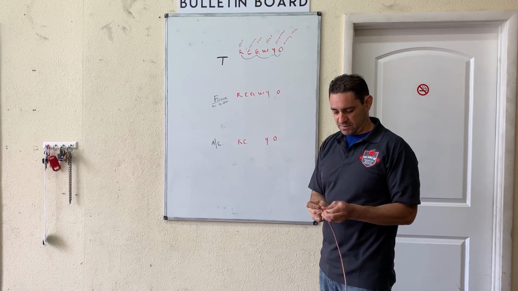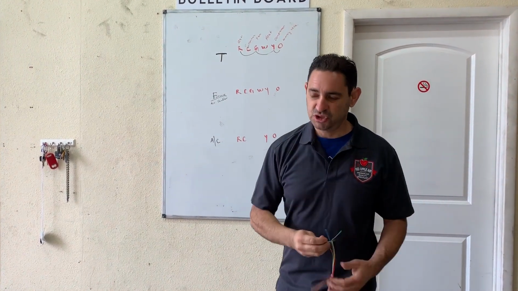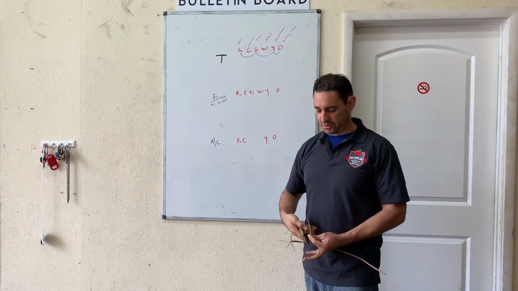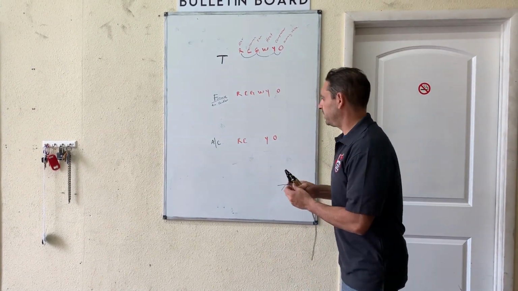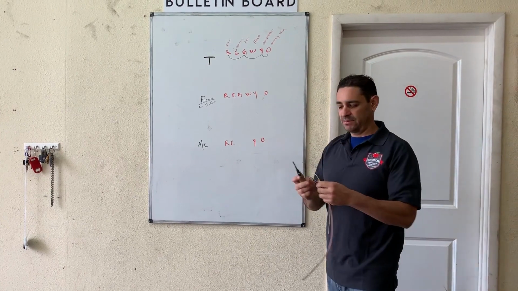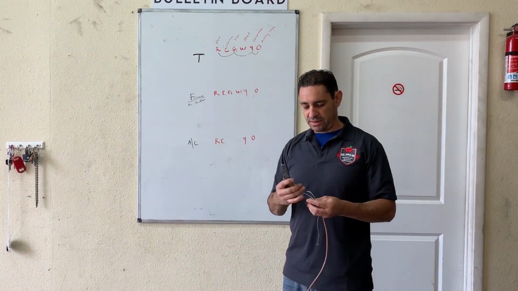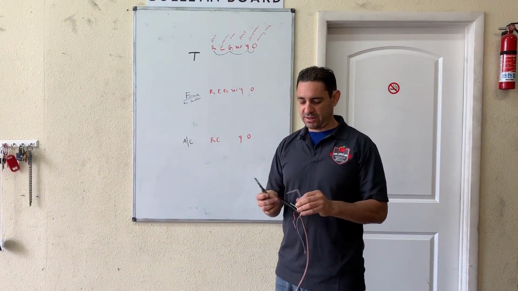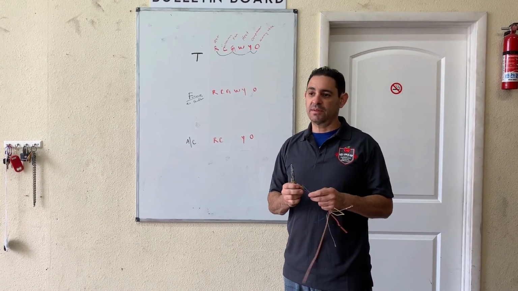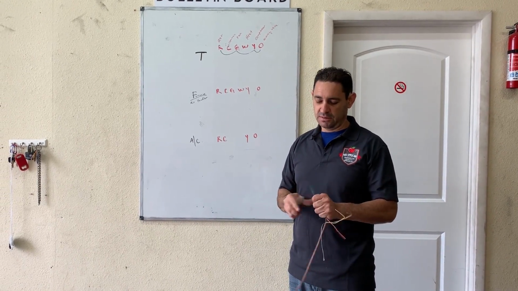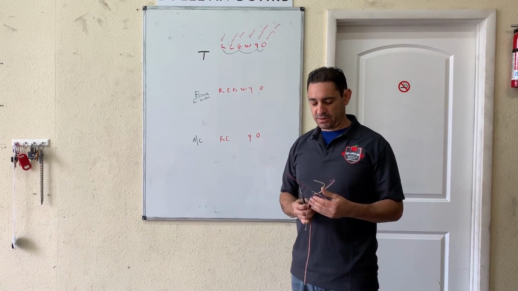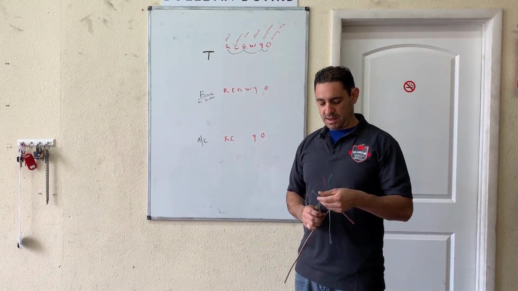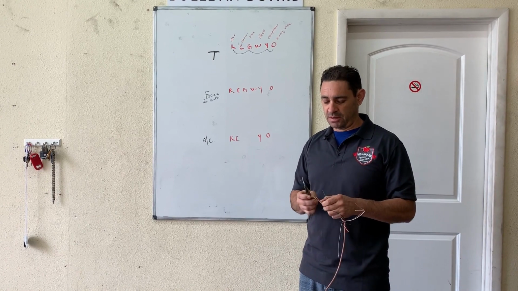So if you wanted to jump the thermostat, let's say you don't want to use it, you can bypass it in the wall by joining the red and the green together, and the fan would start blowing air in your house. Now let's say you wanted the air conditioning to turn on.